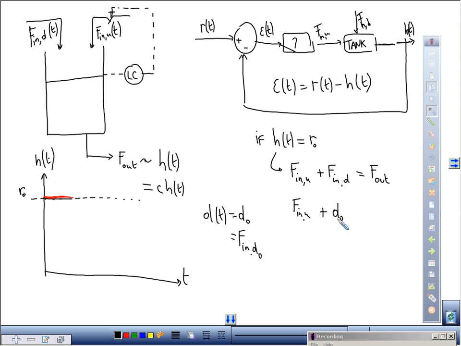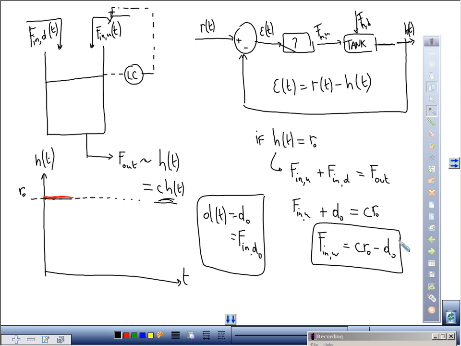This is for now a constant, because I have defined it as a constant over here. And the output flow rate is, in this case, equal to C times H, but the H is here now constant and equal to R0, at least that's what we hope. And therefore I get that I should have a constant input flow rate, which is defined here. So, in order to keep the level constant, if my chosen reference R0 is reached for a given constant disturbance D0, I should make sure that the controller sends out a constant value for the manipulated input flow rate.